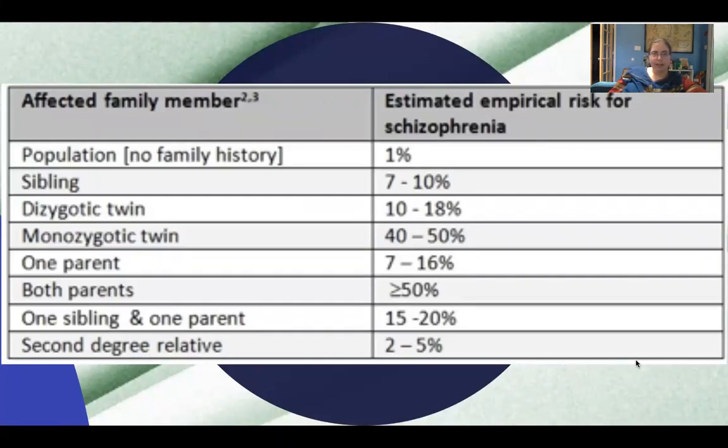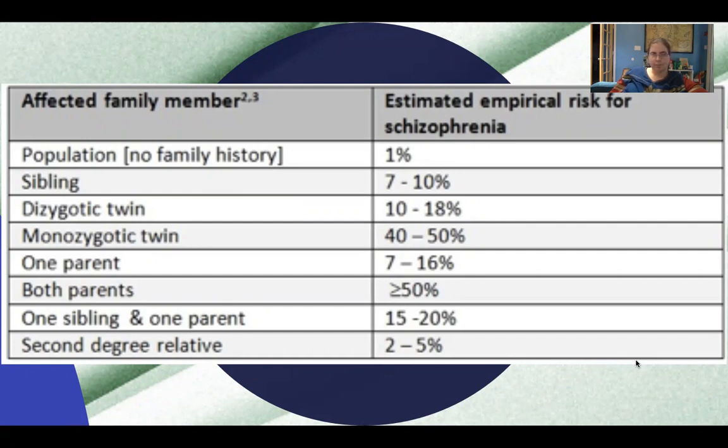A dizygotic twin, meaning a fraternal twin, then the risk increases to a 10 to 18% chance. Monozygotic twin, or identical twin, then it increases to a 40 to 50% chance of the other person developing schizophrenia.